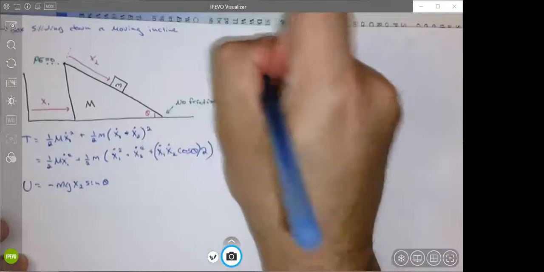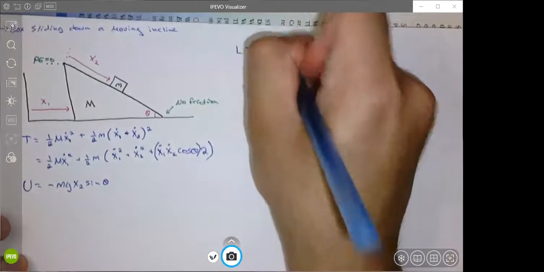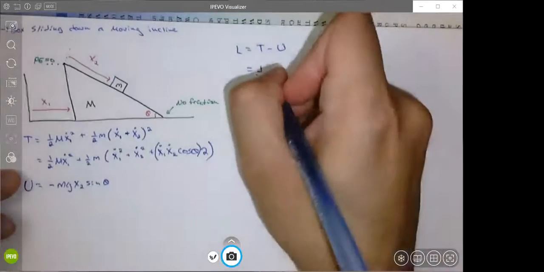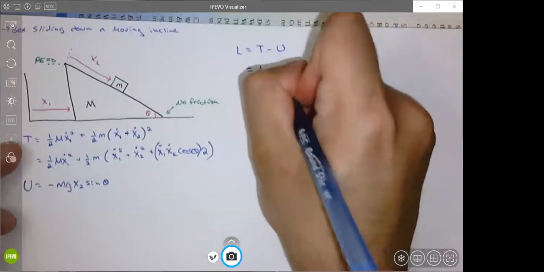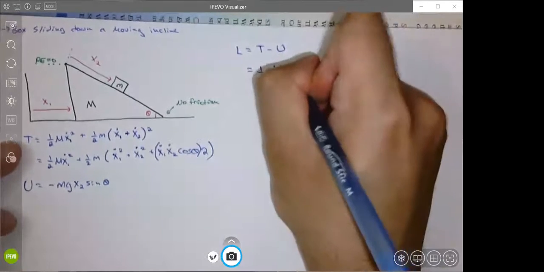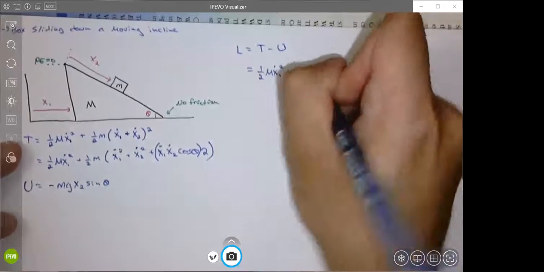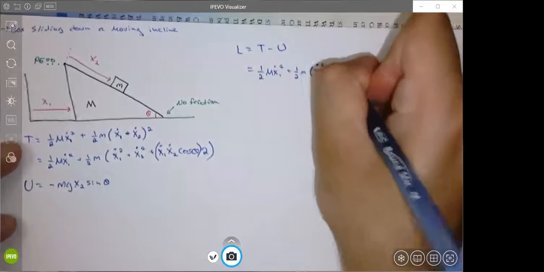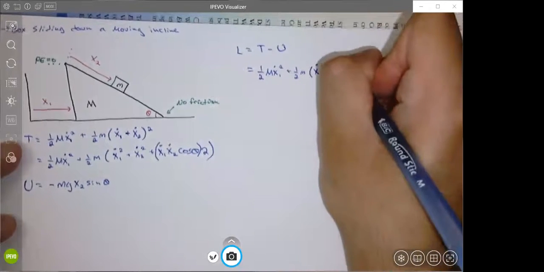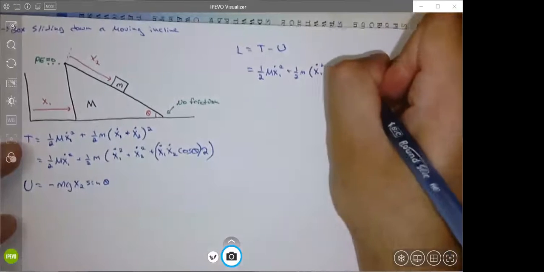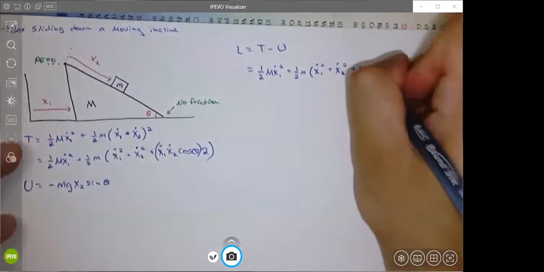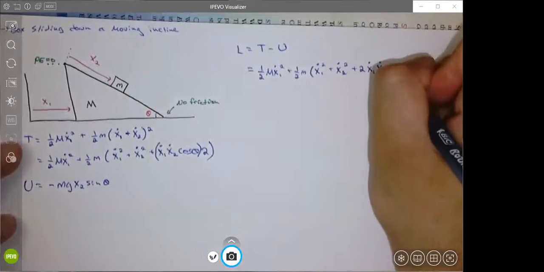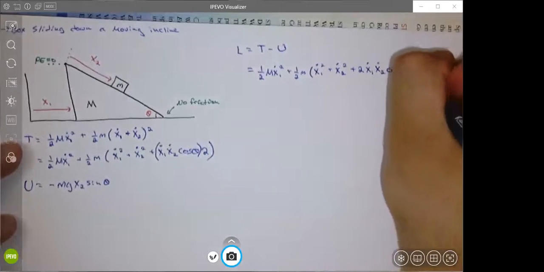L, which is equal to T minus U, is equal to 1/2 big M, or capital M, x1 dot squared plus 1/2 little m parentheses x1 dot squared plus x2 dot squared plus 2 x1 dot x2 dot cosine of theta.